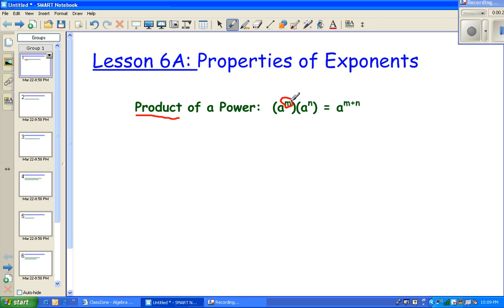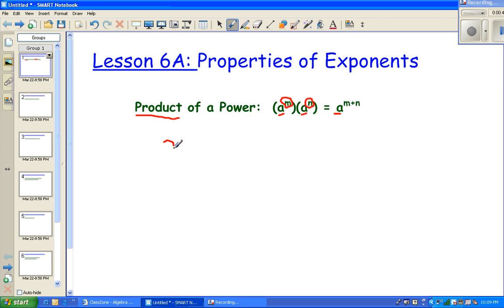So what you need to focus in on these problems is that you want to make sure that your bases are the same. Here, both the terms have the same base, a, and so you would keep that base, and then the powers, the m and the n, you would just simply add together.